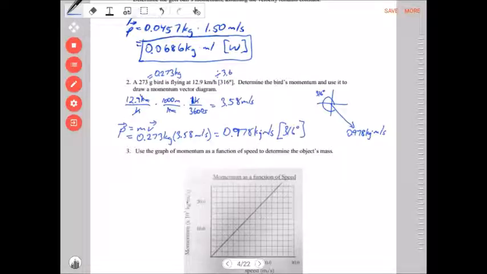Now remember, there are other ways of representing this. We could have 360 minus 316, which is 44 degrees. So we could also say that this is 44 degrees south of east.